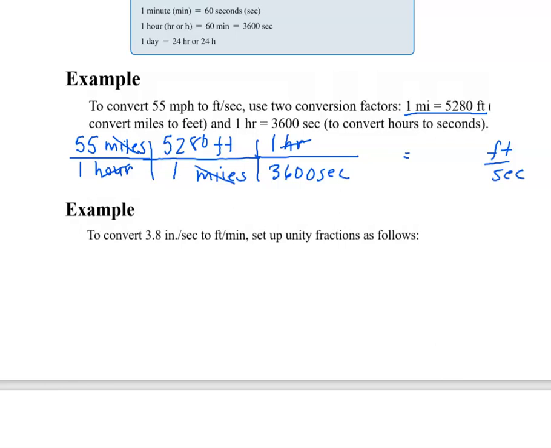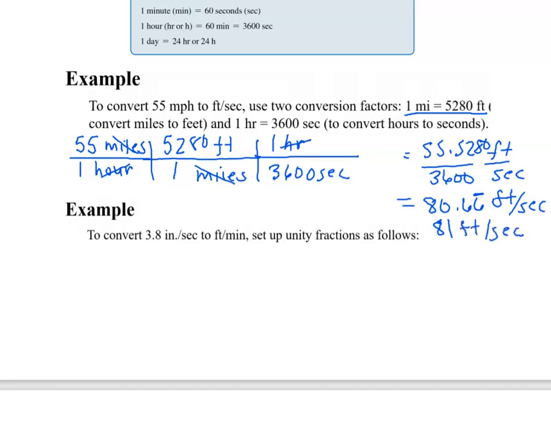So on the top we would have 55 times 5,280. On the bottom we're going to divide by 3,600. Okay. And if we round that to the closest feet per second, we would say 81 feet per second.